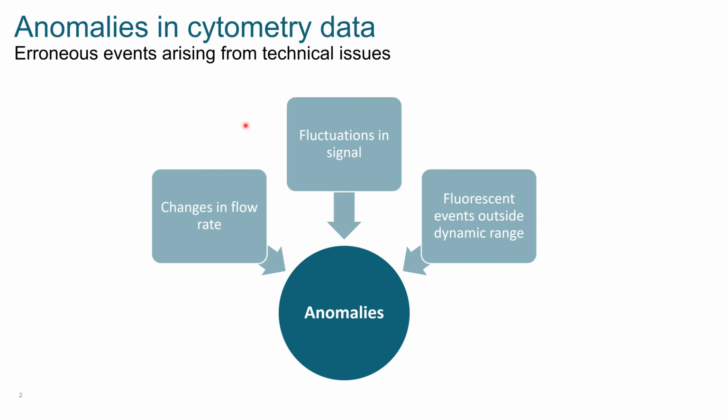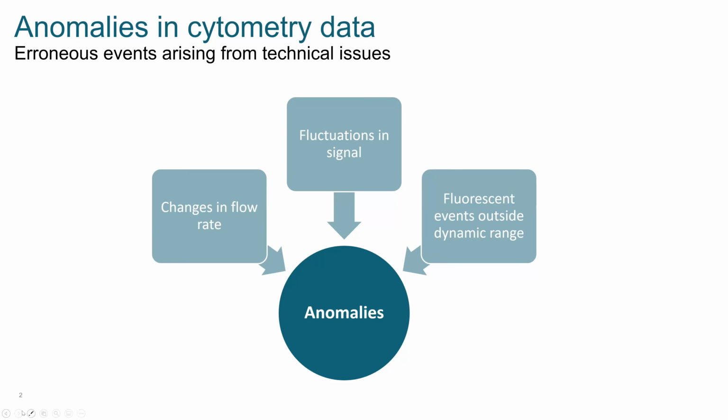All of these different technical issues at the instrument can introduce what we call anomalies: data that are questionable and don't follow the norm of the rest of the data. The dangerous aspect of these is that they can introduce false discoveries into our analysis and give us a false impression of what's actually happening in that data set.